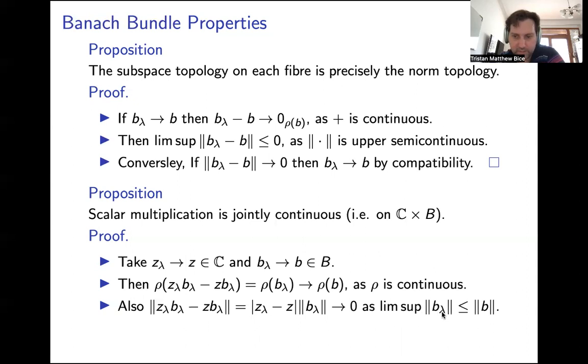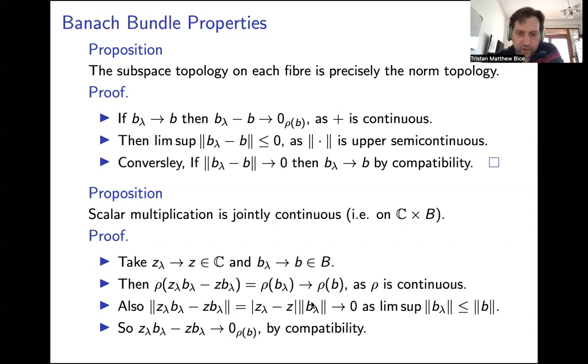You know that the lim sup of the norms of these B lambdas, because they actually have a limit B, has to be less than or equal to the norm of B. So maybe the whole thing is not bounded, but it's bounded beyond some point. So by restricting to a subsequence, a subnet if necessary, you can really assume it's bounded. So if these are bounded, and if we know the Z lambdas approach Z, then this will approach 0. Something approaching 0 times some bounded net is again going to approach 0.